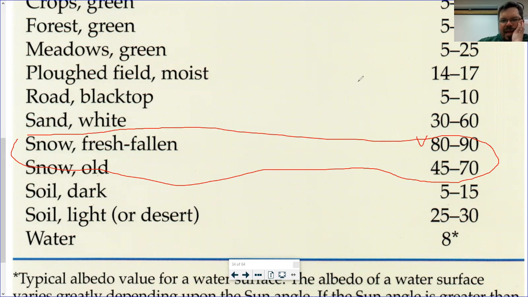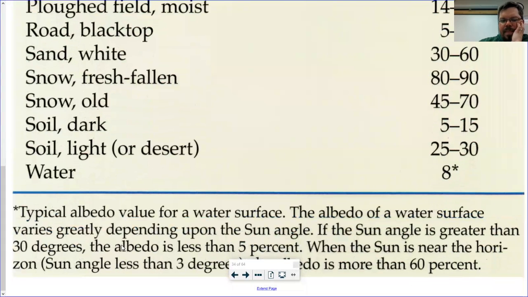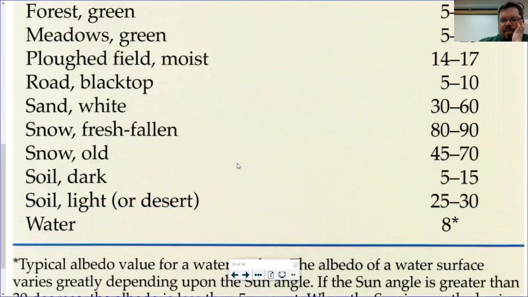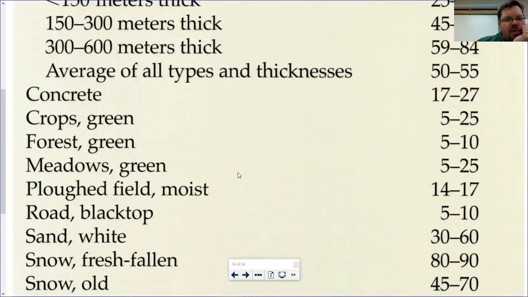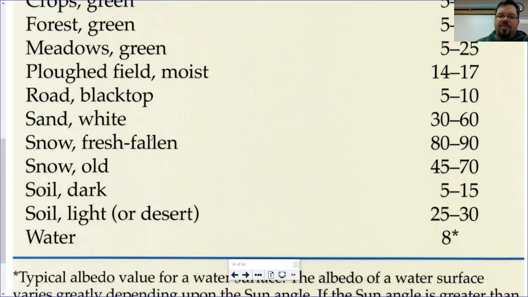So when we get into this conversation about climate change and global warming, the idea is that with climate change, with greater amounts of solar radiation ultimately being absorbed, and a lesser amount of heat loss, this reduces the amount of snow and ice on our planet's surface, which then further reduces the amount of solar radiation that gets reflected off our planet's surface.